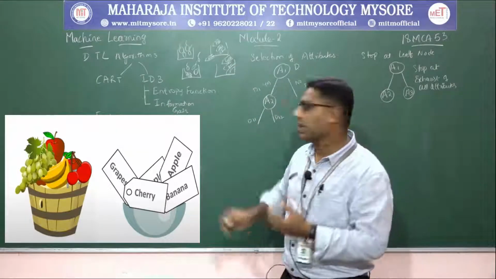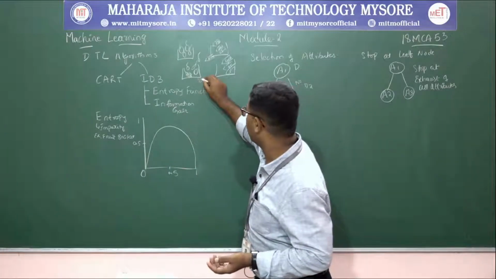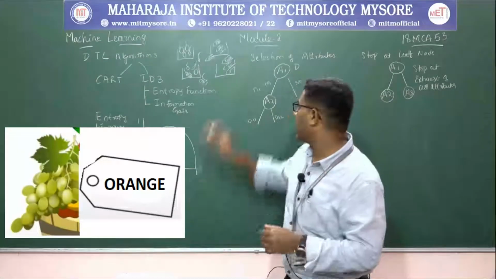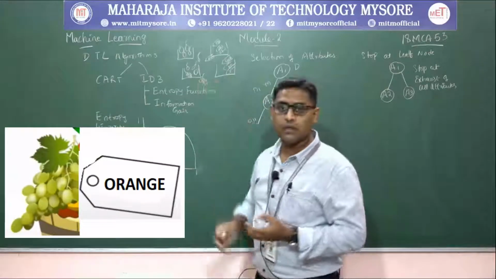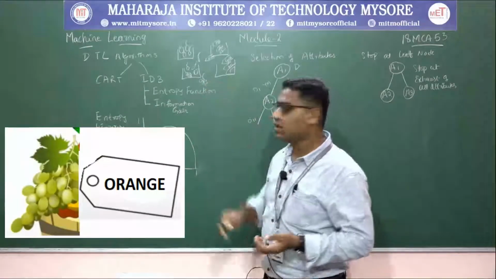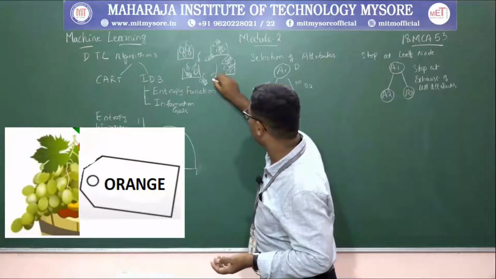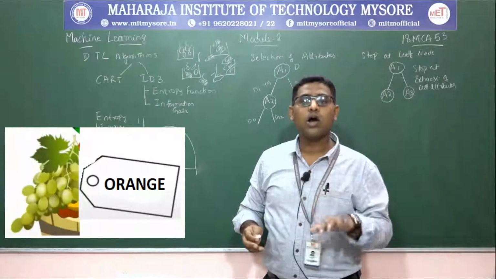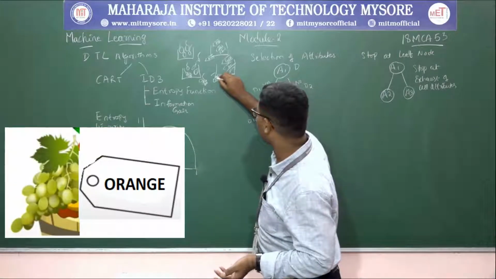Now if you choose any one of the fruits from the basket randomly, say you choose grapes. Now what is the probability of picking a label from the other basket, or which label will you be picking up to map with the same fruit? For the bunch of grapes you will be picking up a label. It might be grapes or it might not, it might be something like orange.